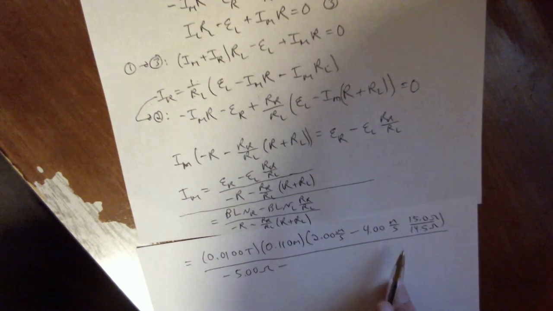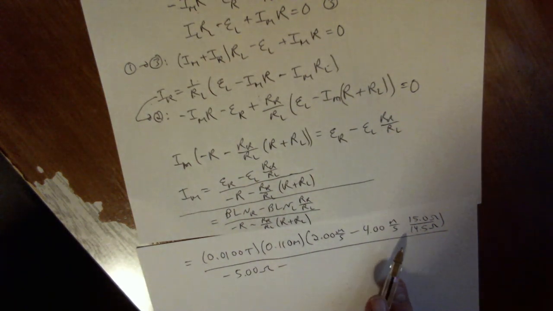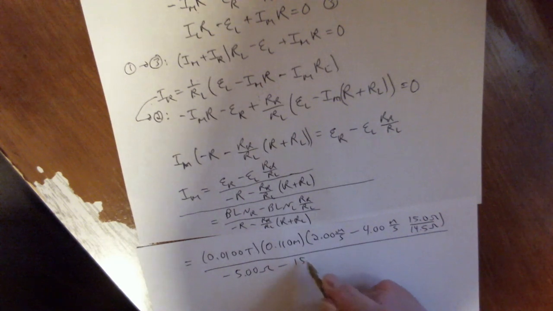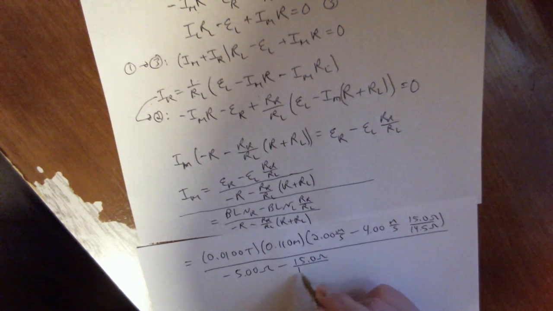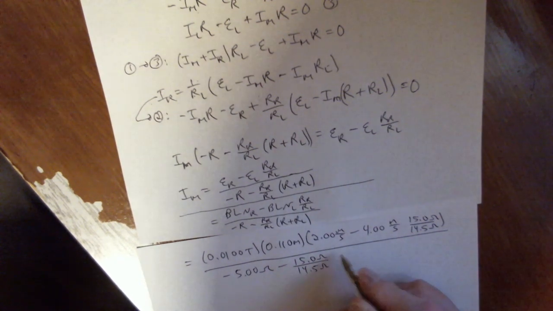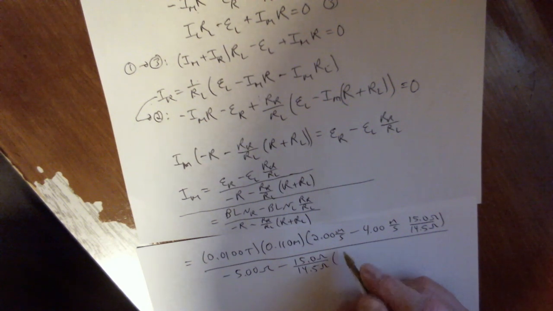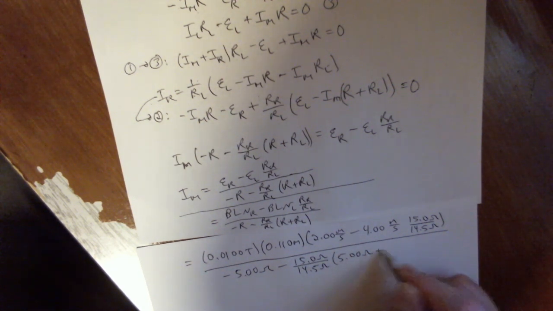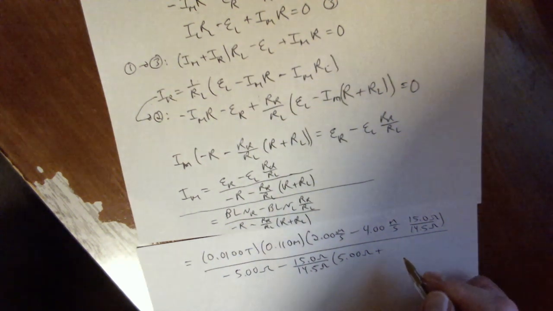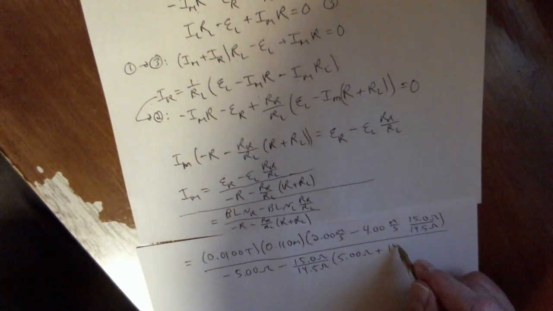Minus R right over R left, again 15 over 14.5, times R plus R left, 5 ohms plus R left is the 14.5 ohms.